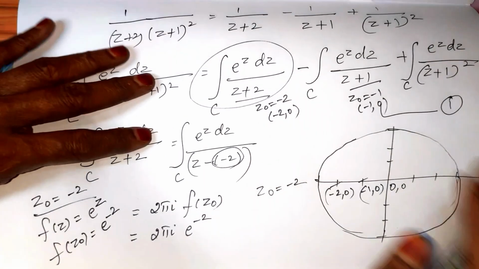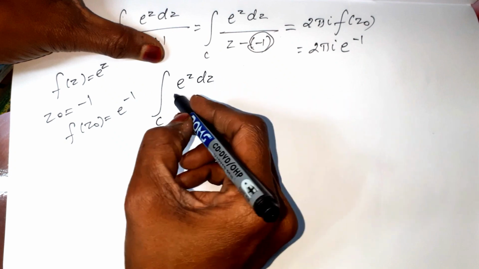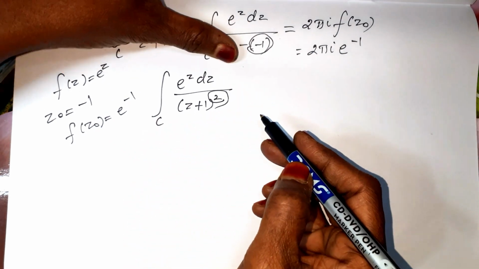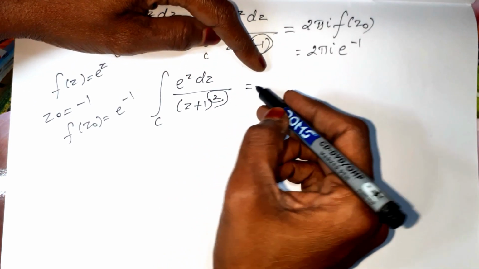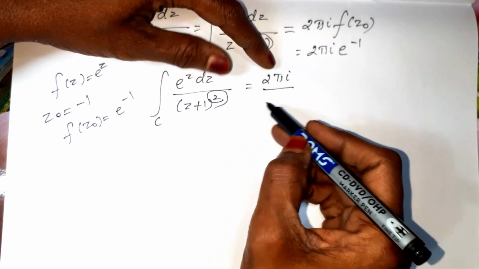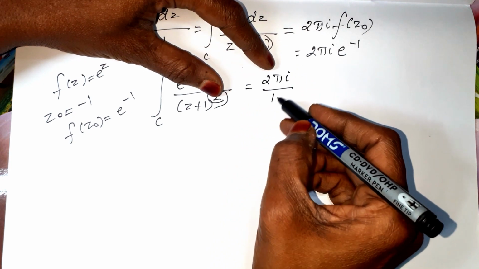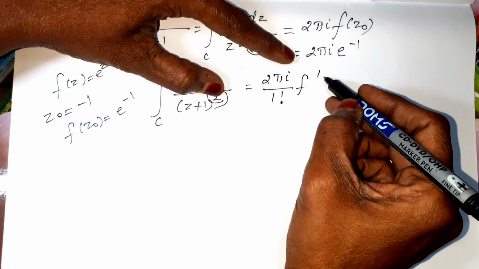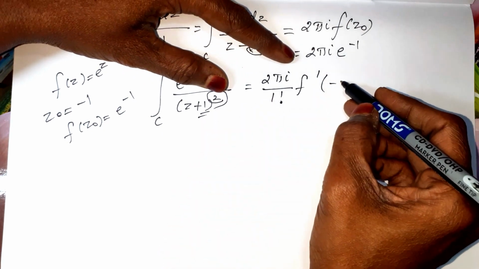Now come to the third one: integral over C e power z dz by (z plus 1) the whole square. This is of higher order. If we have the whole square, what's the formula? We have 2 pi I by (n minus 1) factorial. It is power 2, so 2 minus 1 factorial, that is 1 factorial, and here the first derivative f dash at the point, which is minus 1.